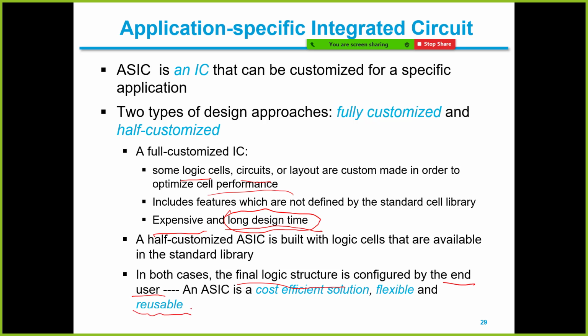So here, cost-efficient actually means the implementation cost. It doesn't mean the design cost. Actually, the design cost is very high, right? So from the price and from the design time, the cost is very high. But the implementation cost is low. Yeah, it's efficient.